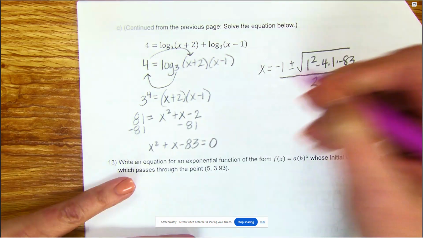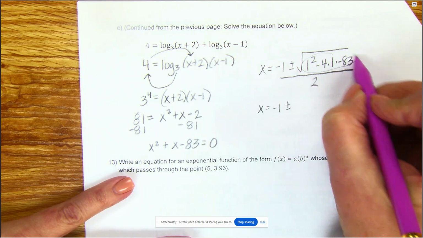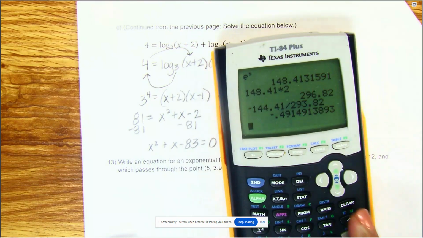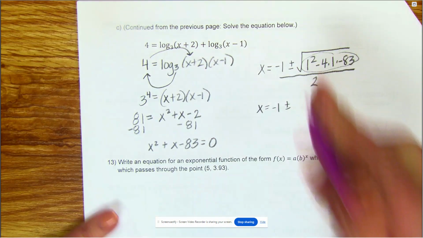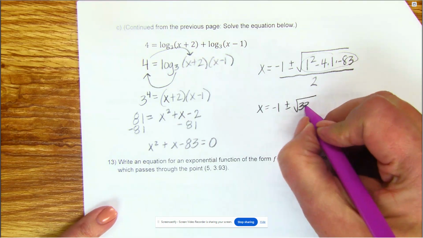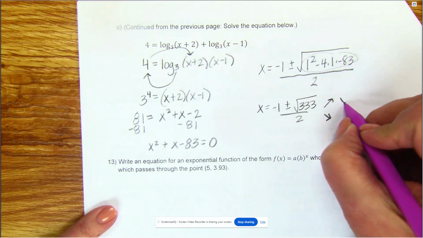I'm going to just type this in my calculator: negative 1 plus or minus the square root of 1 squared minus 4 times a times c, all over 2, and then I'm going to type it in to get my 2 answers.